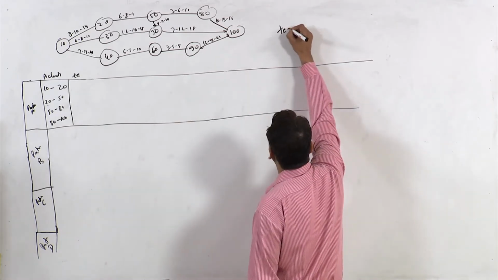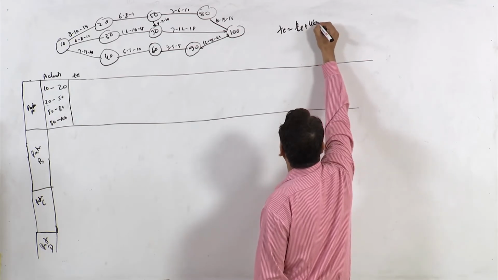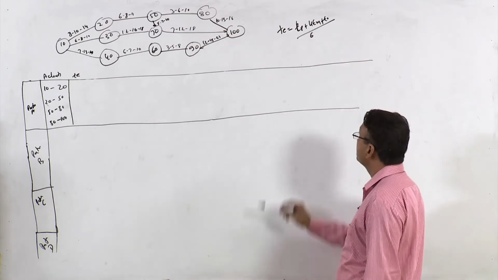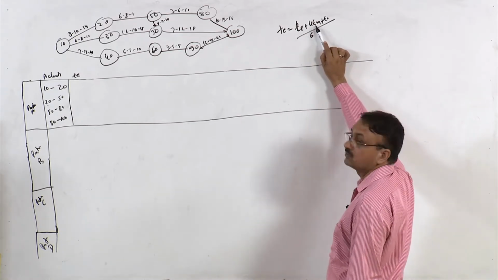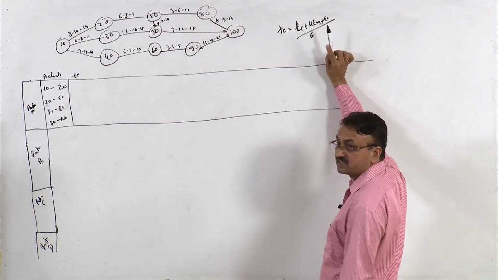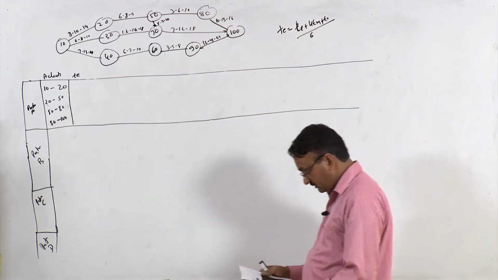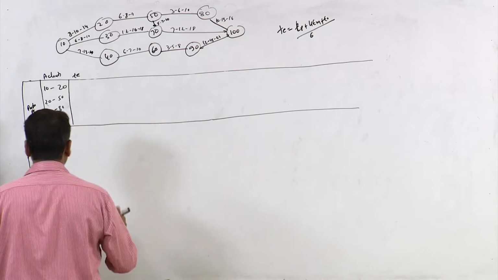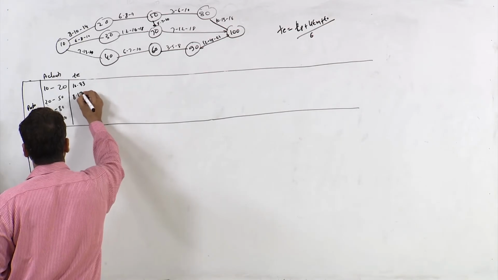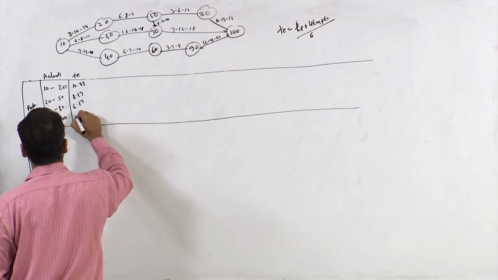Expected value is TP plus 4 times TM plus TO divided by 6, that is pessimistic time plus 4 times most likely time plus optimistic time divided by 6. So for this particular path the values are 10.33, 8.17, 6.17 and 13.